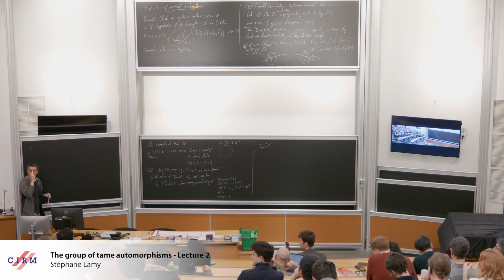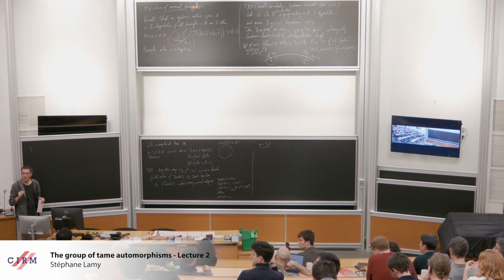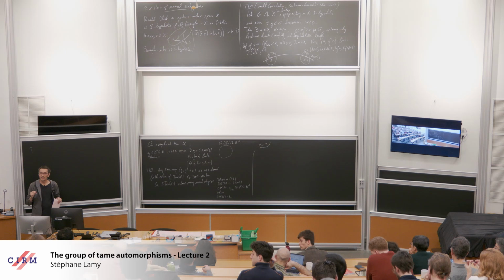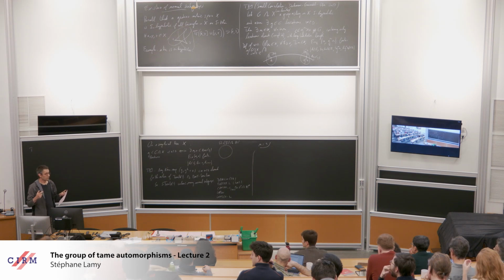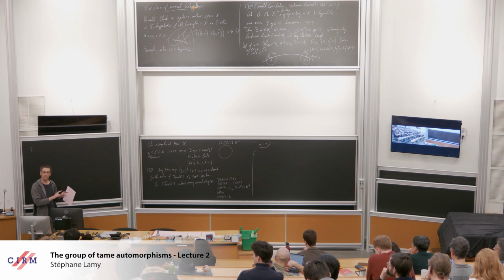So you have examples of normal subgroups. You have this very big one, the Jacobian one. At least the quotient cannot be finite. The quotient cannot be abelian. So you have constraints like that. That is because I work over an algebraically closed field.